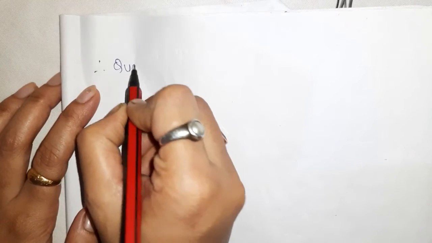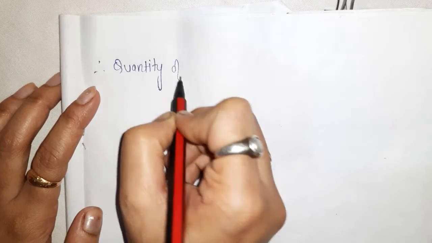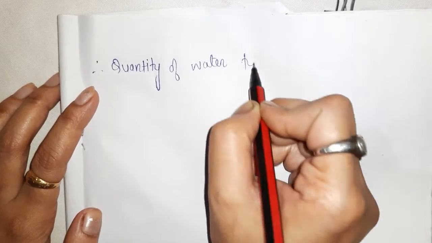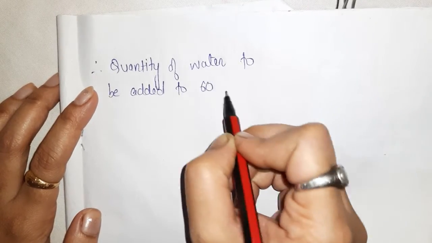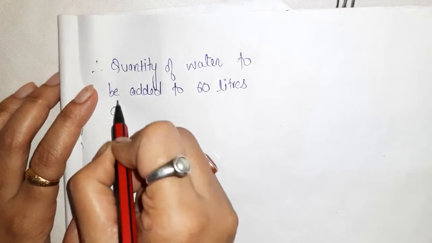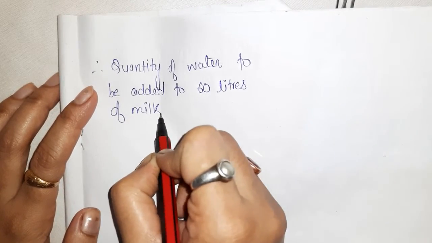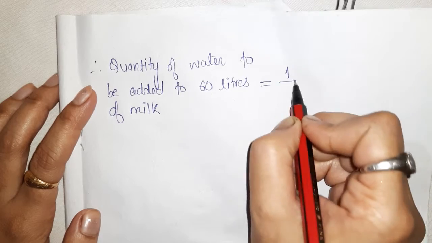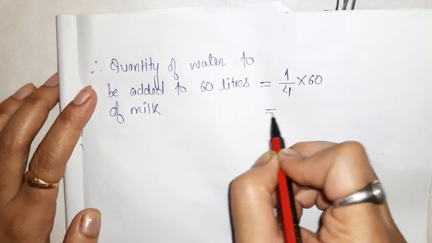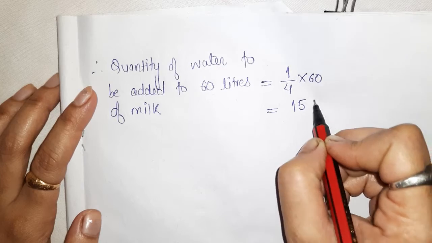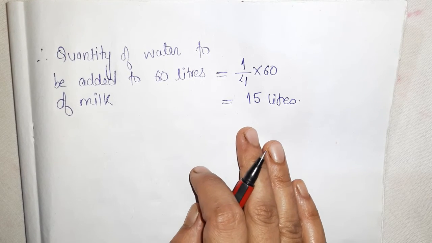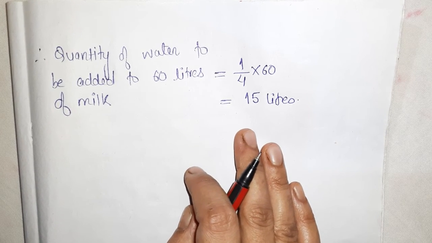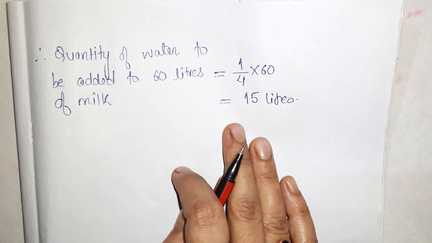Therefore the quantity of water to be added to 60 liters of milk will be 1 by 4 into 60, that is 15 liters. Means if you have 60 liters of milk, there we have to add 15 liters of water, so that your mixture will cost rupees 32 by 3 per liter.